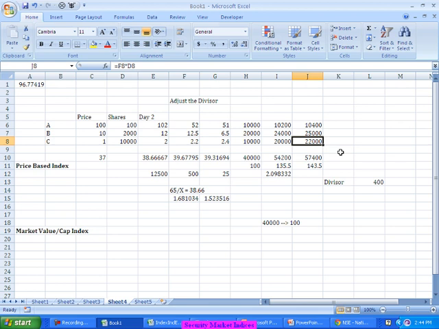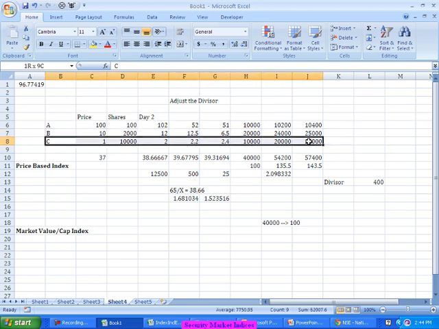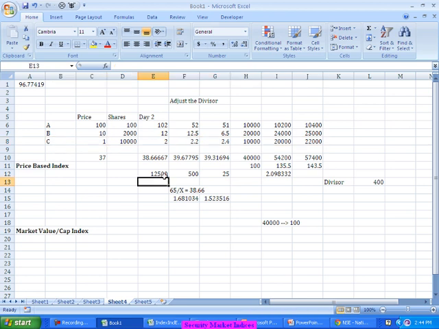Right? Let's say I am removing C and replacing it with D, whose market cap is 12,500. Before and after, the index should still be 143.5 only. What does that mean? 10,400 plus 25,000 plus 12,500, divided by some X, should be equal to 143.5.